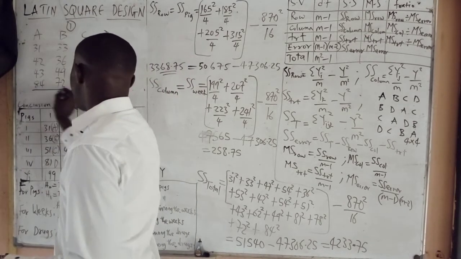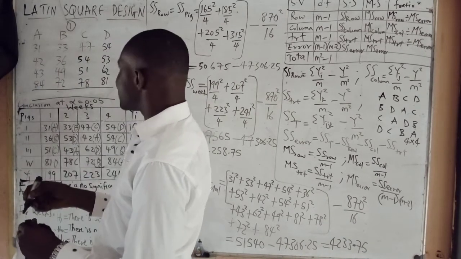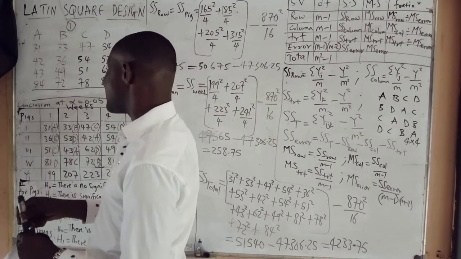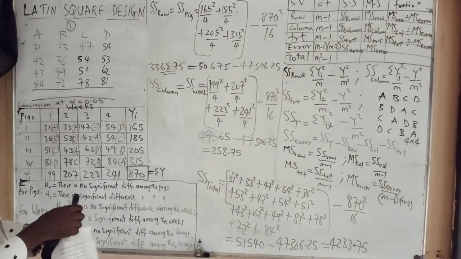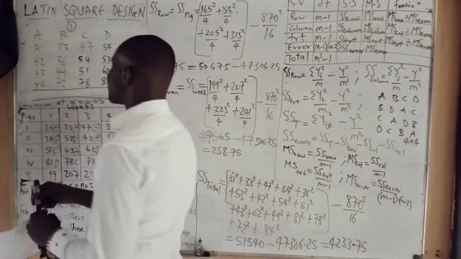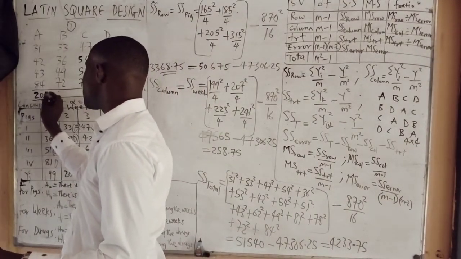Then get their total. 31 plus 73, 73 plus 43 will be giving you 116. 116 plus 84 will be giving you 200.